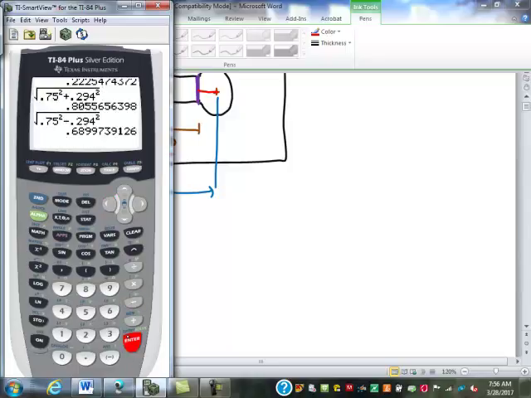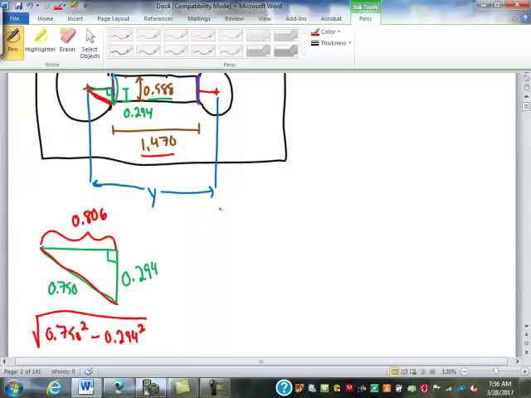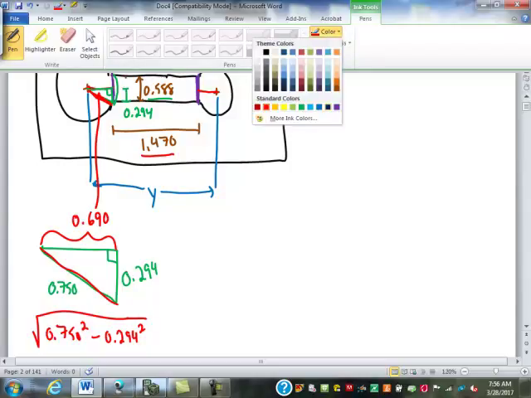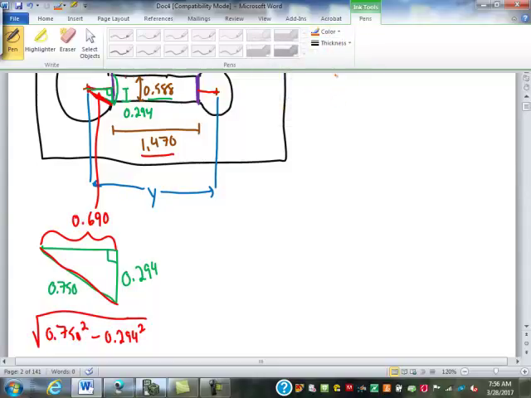Yeah, that would have been really bad. So 0.690 it looks like it's coming out to be. Yeah, it can't really be longer than the hypotenuse, can it? I'm glad you said something because I was kind of dazed this morning. I would have kept going. I should have caught that.